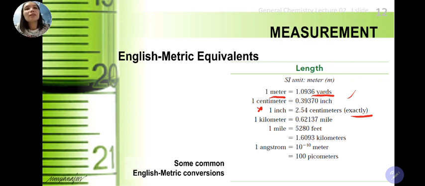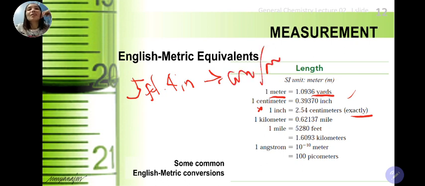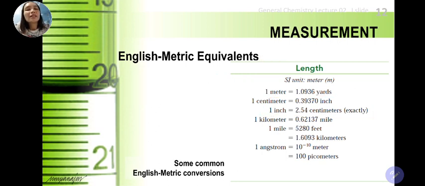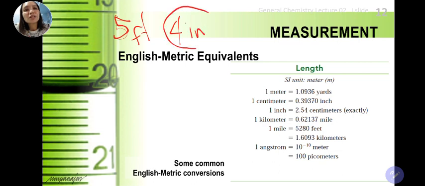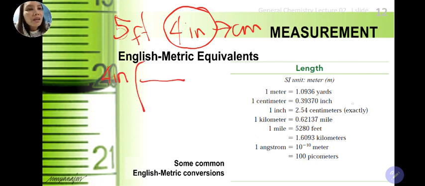For example, ang given height mo is 5 feet 4 inches. So, kailangan mo siyang i-convert to centimeters or meters. So, it's either i-convert mo muna siya sa centimeters since ito yung conversion factor mo. So, let's try. So, 5 feet 4 inches. So, ito munang 4 inches i-convert mo to centimeters. Since 4 inches, ang conversion factor mo is 1 inch is equal to 2.54 centimeters.